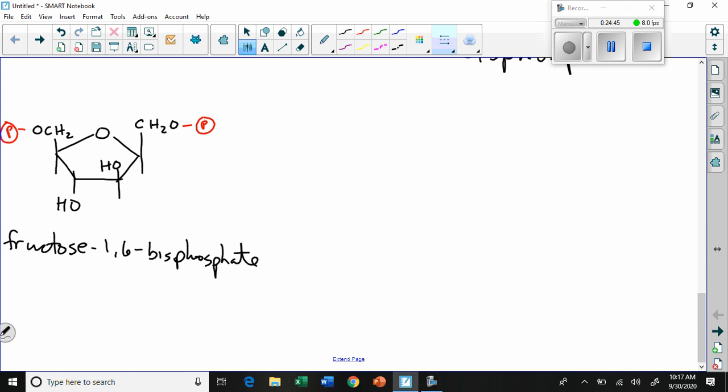And now what's going to happen is one of 2 things. This is interesting. So we're going to draw this in a funny way. This can be turned into 2 molecules. One's going to go this way, and the other one's going to go down below. So let's draw the first one in. It basically splits the molecule in half. So what we get is a 6-carbon sugar that's being cut into two 3-carbon sugars. So the first one looks like this. It's got the little phosphate attached.